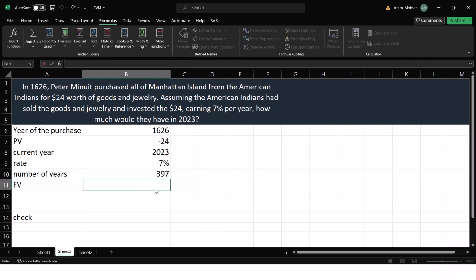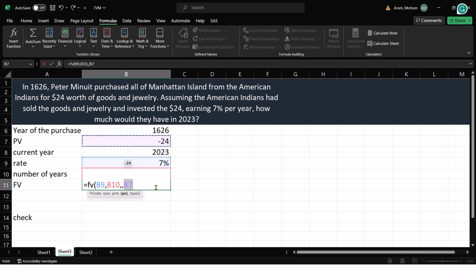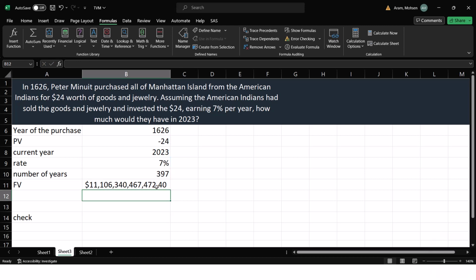So the future value would be the rate, which is 7%, number of periods, which is 397. We don't have anything for payment, so we just leave it empty. And the present value would be 24. If you notice, I have a negative number for the present value because this is an investment decision. So that would give me the future value of this number.